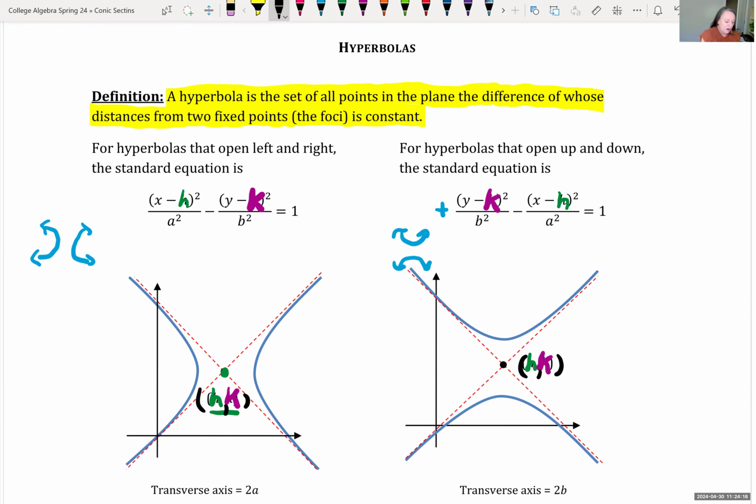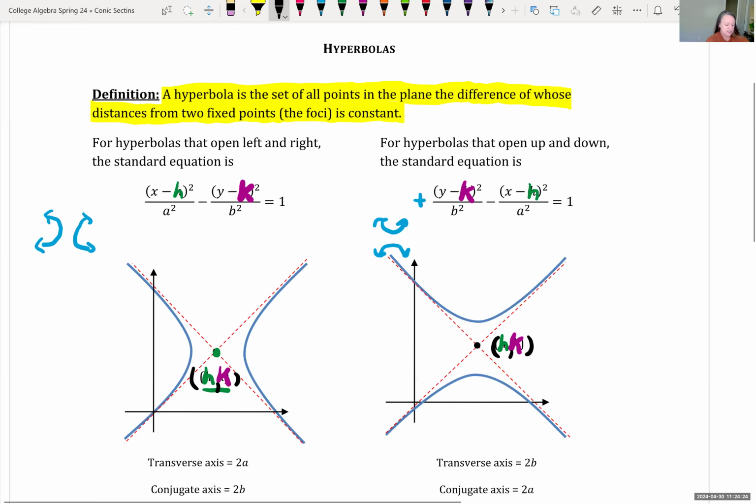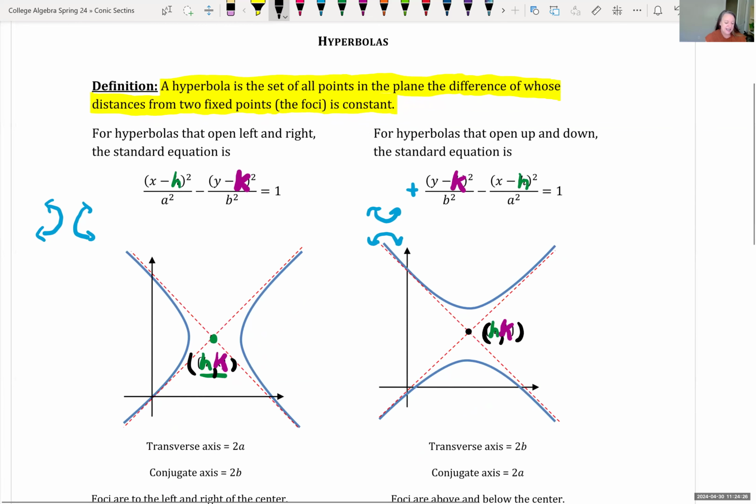So in here, we have two axes. For the ellipse, it was major and minor axis. For hyperbola, we have what is called the transverse axis, and we have the conjugate axis. The transverse axis is what is going to get us from the center to the points of our vertices on the hyperbola.